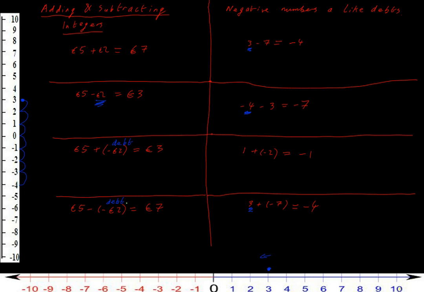But for right now, we have our thermometer to help us keep track of integers, we have the idea of debts, and incredibly importantly, we have our number lines, and we're going to keep using them in order to get really good at picturing what happens with our different adding and subtracting of our integers.